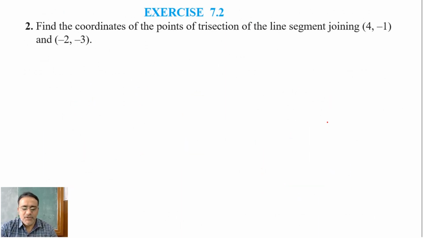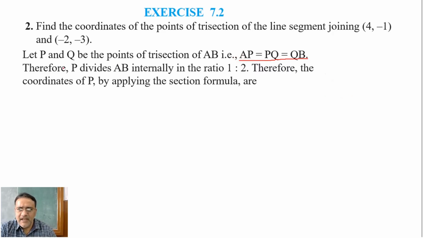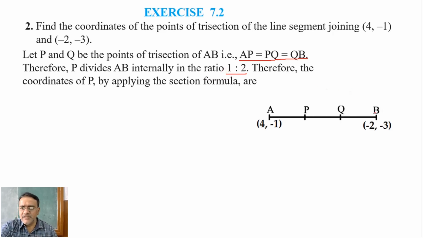In question number 2 also we will start with the same step, that P and Q are the points of trisection of AB, that is AP equals PQ equals QB. P divides AB internally in the ratio 1:2. So this is the rough diagram, exactly the same as in the previous question.